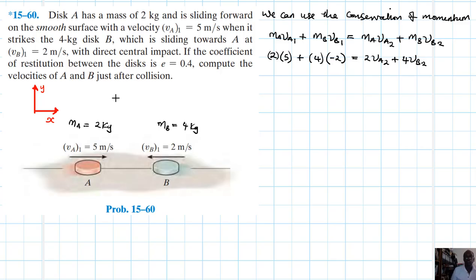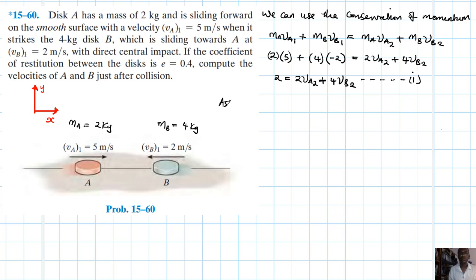So if we work this out, this just becomes 10 minus 8. So this becomes 2 is equal to 2 vA2 plus 4 vB2. So this becomes our first equation.